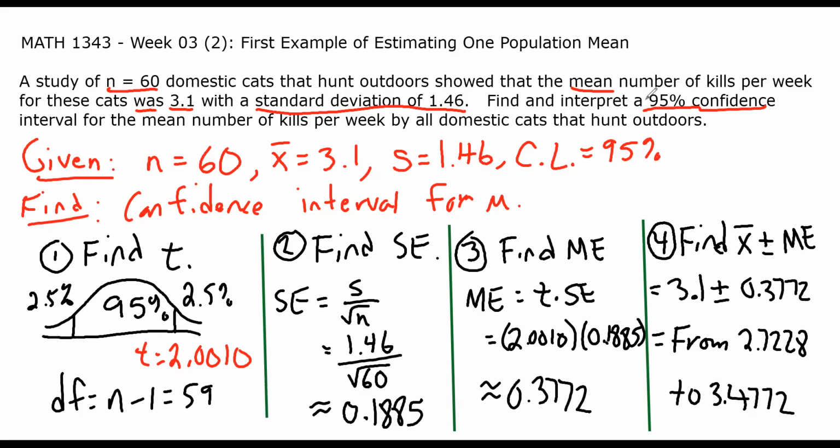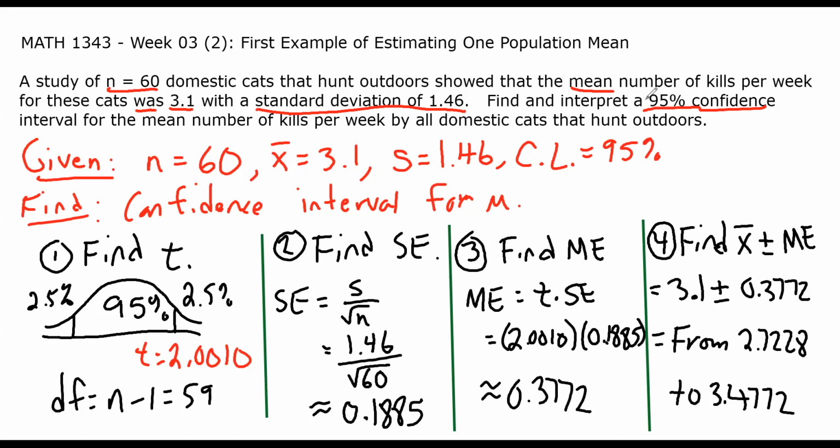So in terms of calculations, the problem is over. We have our confidence interval for mu. We state with 95% confidence that the population mean is between 2.7228 and 3.4772.